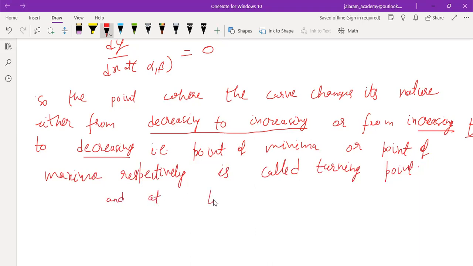At turning point, dy by dx becomes 0. Is that clear to everyone? So at turning point, dy by dx becomes 0. Okay.